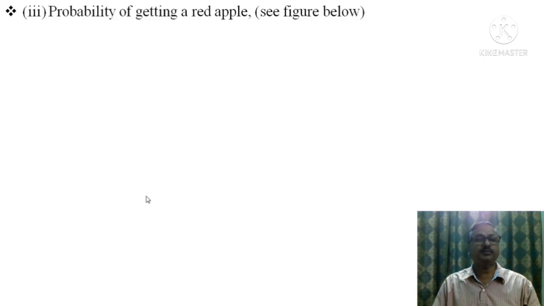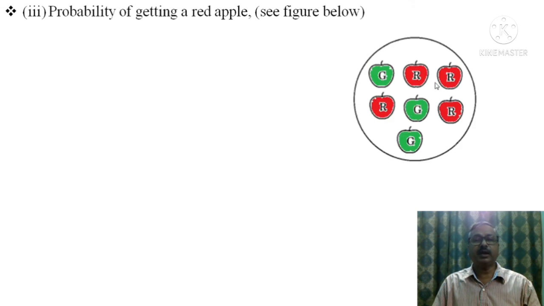Now the next part: probability of getting a red apple. This is the figure below, a red apple. How many red apples are there? 1, 2, 3, 4. 4 red apples are there, out of a total of 7 apples. So here the total number is 7 and our favorable, the required one, is red apple, so our favorable outcome is 4.